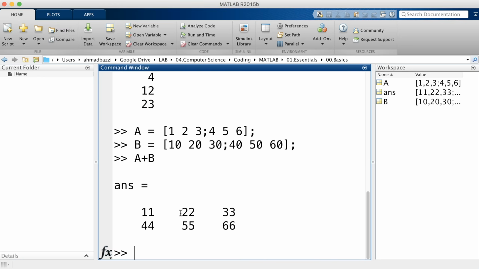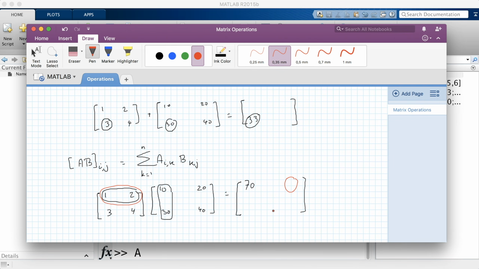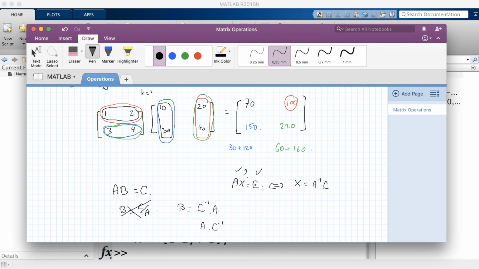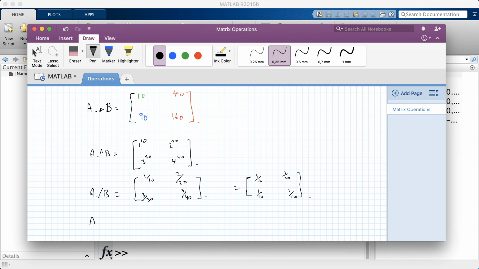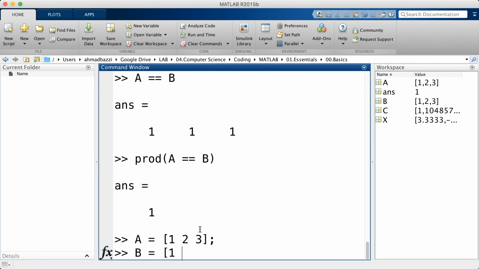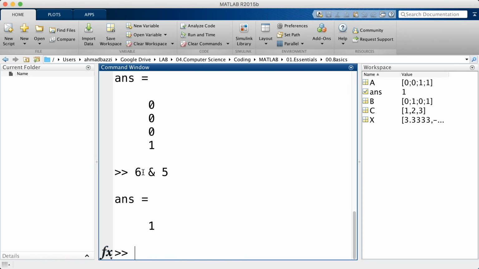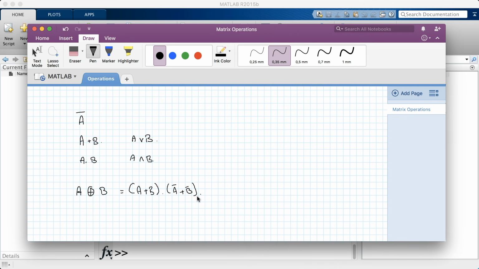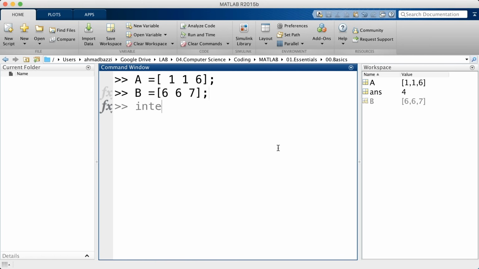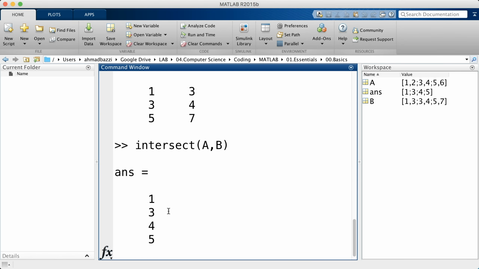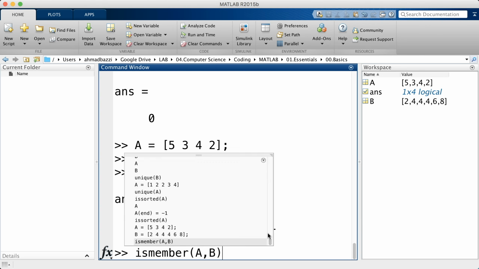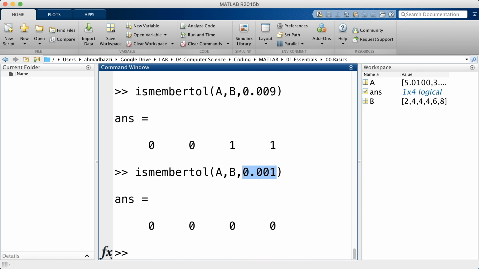We've seen how to perform a lot of Matlab operations, such as addition, subtraction, multiplication, division of numbers and matrices, pointwise operations as well, relational operations if you care about comparing two quantities, logical operations in case you're working with true or false conditions or Boolean expressions, set operations, we saw how to do union and intersection of sets, join two tables, check if an array is sorted or not, check if some members of one array are found in another, right?